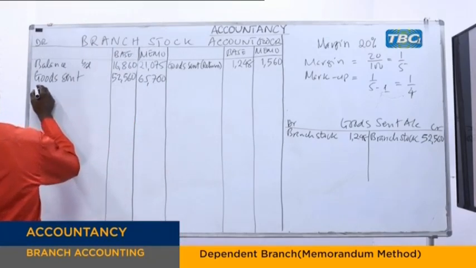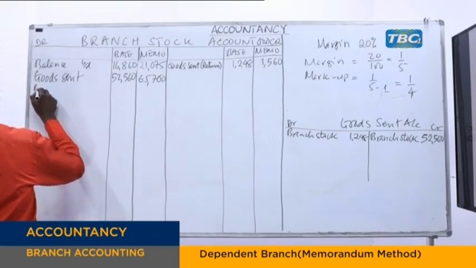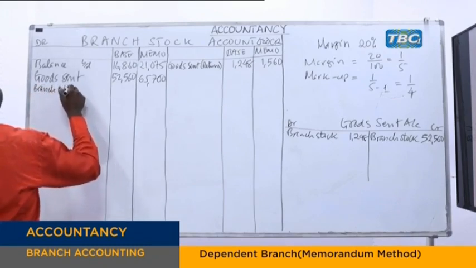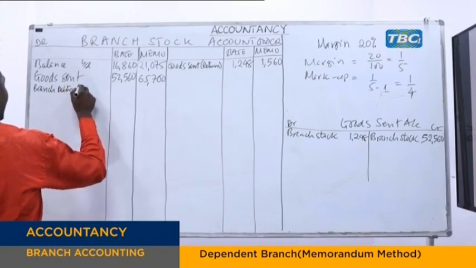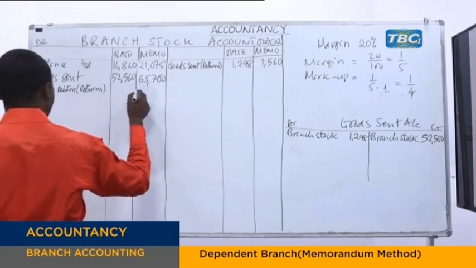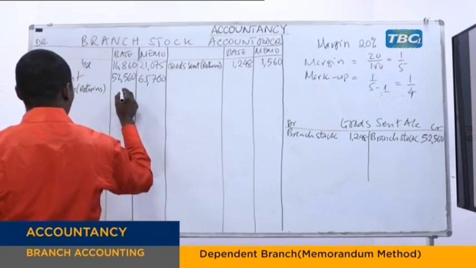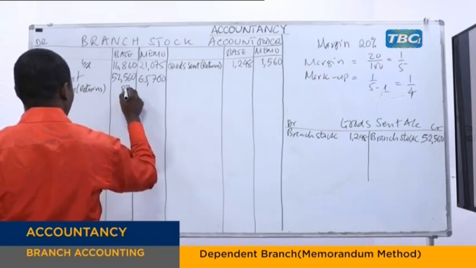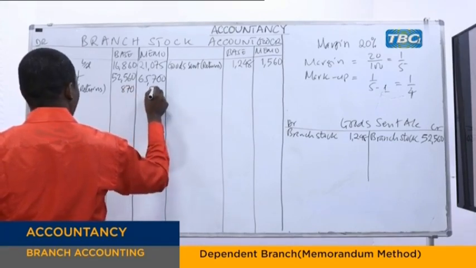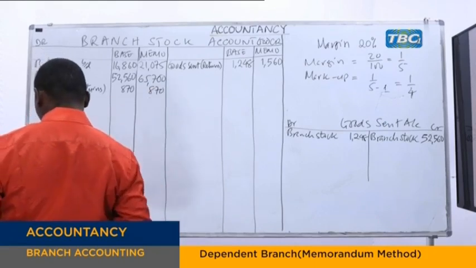So we call it branch debtor, that is returns. This should be recorded at selling price for both parties, because it was sold at selling price.